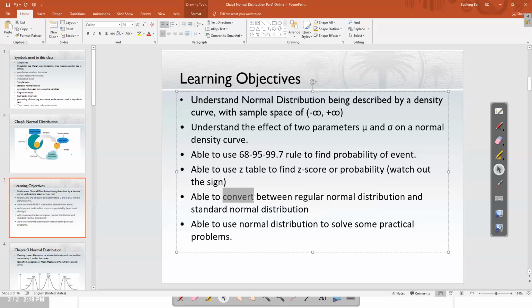We're able to convert other normal distributions into a standard normal distribution. That way, you can solve any normal problems using that one table. And able to use normal distribution to solve practical problems. We are applied statistics. We always want to solve practical problems. That's our end goal, right?